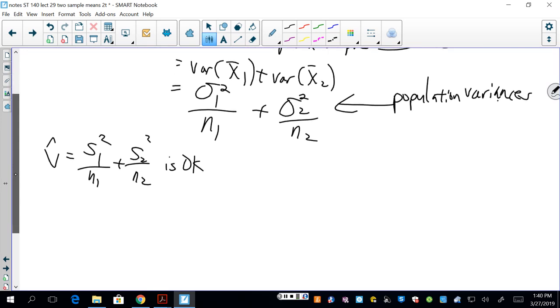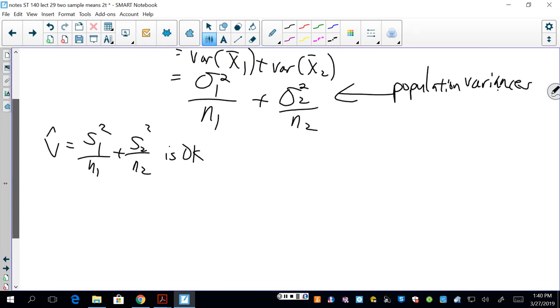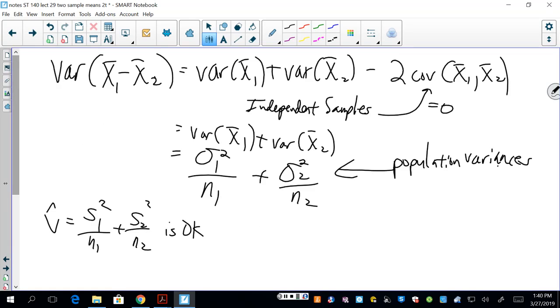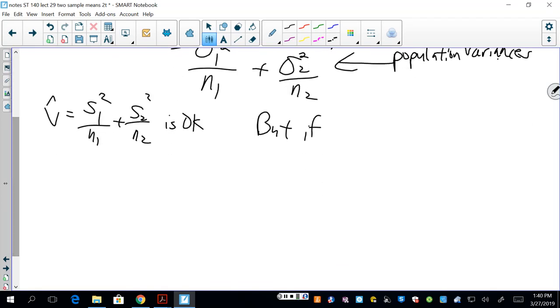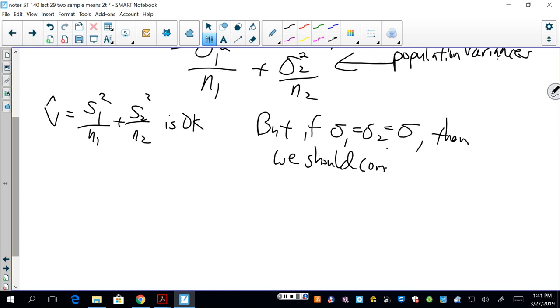But if these two variances are equal to some value of sigma, then we should combine the information from both groups to estimate the variance.